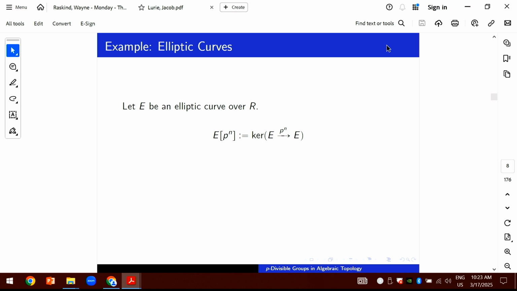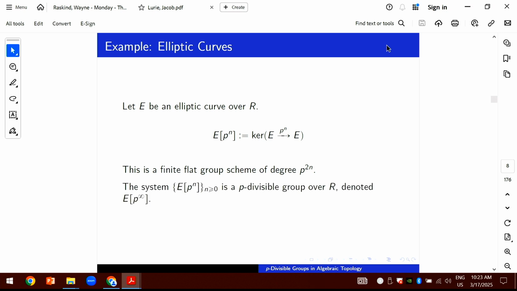But I want to look at that not as an abelian group in the usual sense, but as a group scheme over the same ring R. And you always get a finite flat group scheme of degree p^(2n) when you do this construction. And if you look at that system as n varies, it gives you an example of a p-divisible group, the p-divisible group of an elliptic curve. So I'll write that as E[p^∞]. It's the p-power torsion on your elliptic curve.